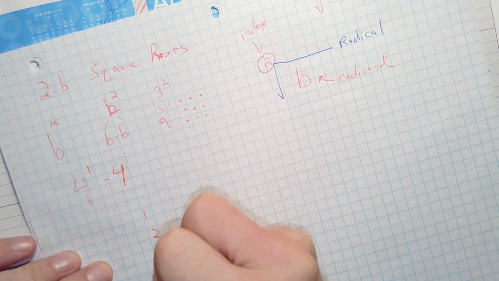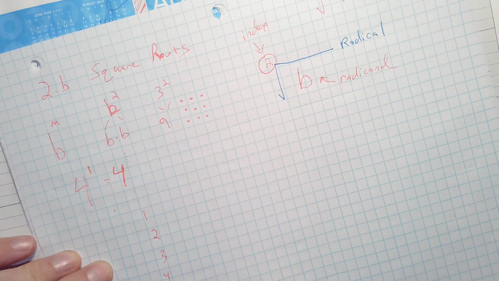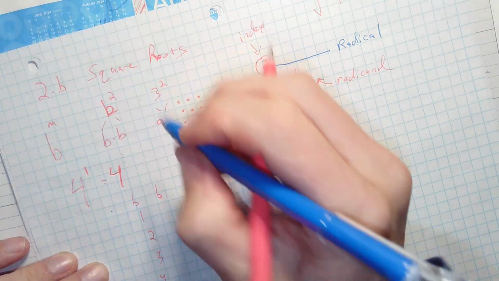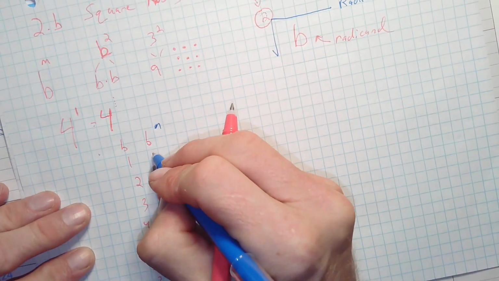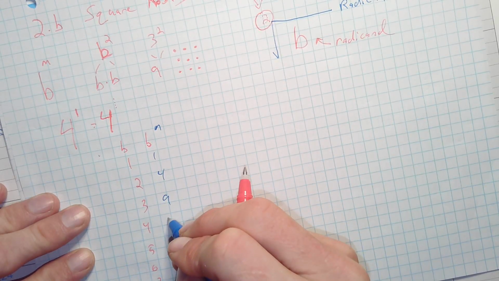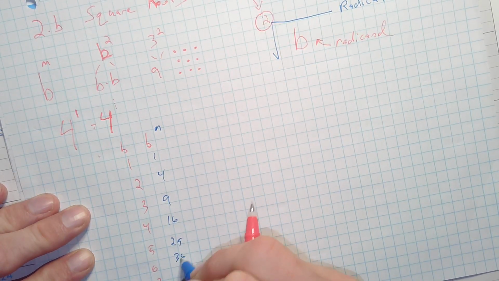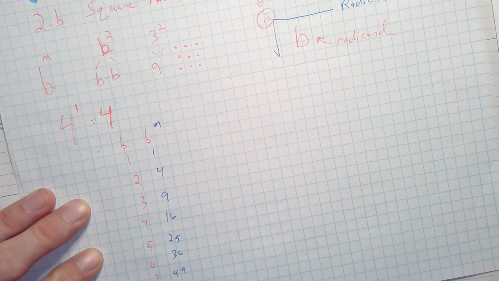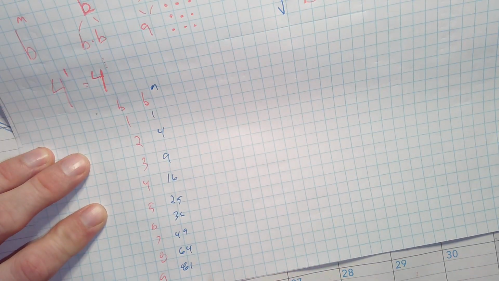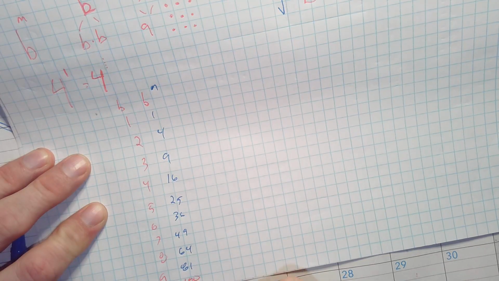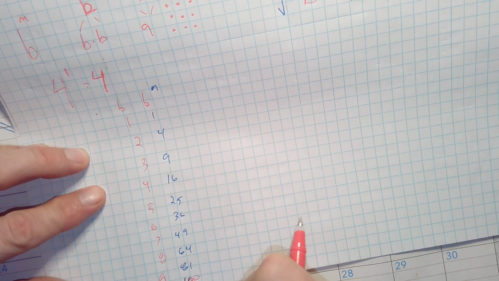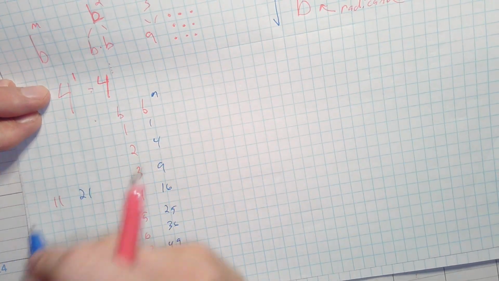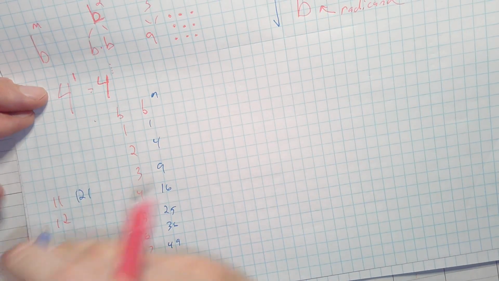We had 1 through 8 as our b value, and b to the n: 1, 4, 9, 16, 25, 36, 49, 64. We had 9 is 81, 10 would have been 100, 11 is 121, 12 is 144.